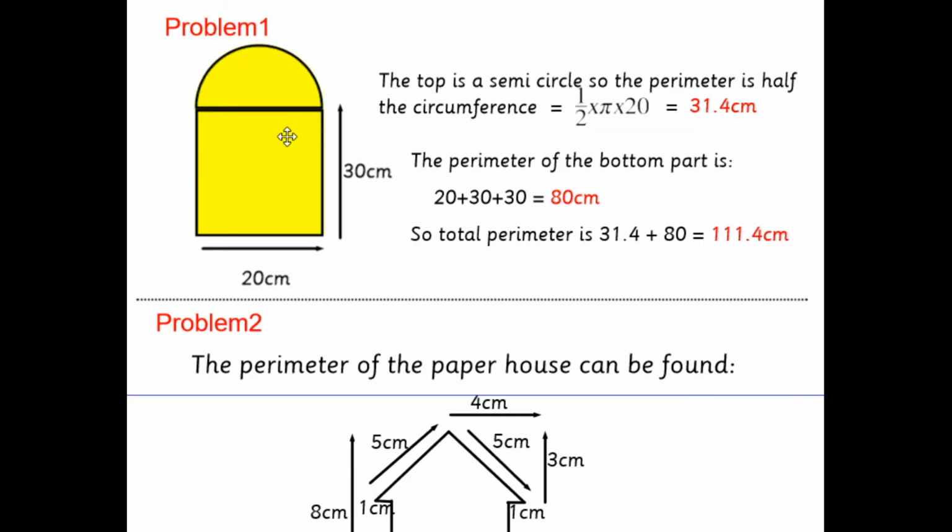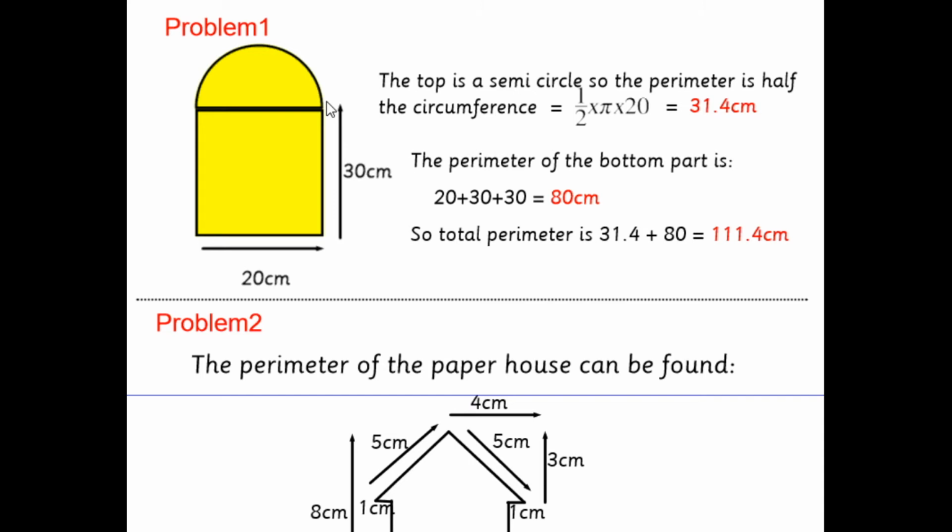Now, here's a problem. Problem 1. We need to find the perimeter, so all the way around here to here. The perimeter is made of 2 parts. It's made of this bit here at the top, and this bit here at the bottom. The top bit is a semicircle, which is half a circle.